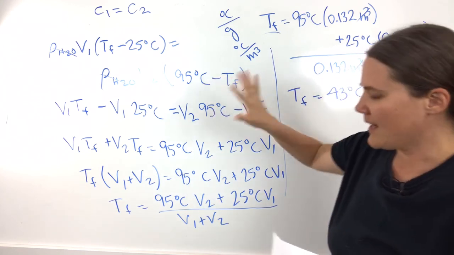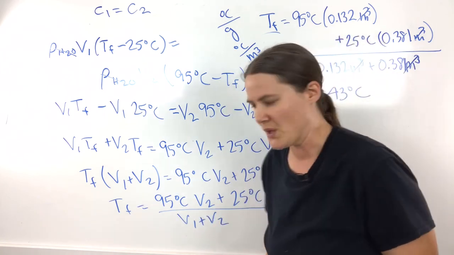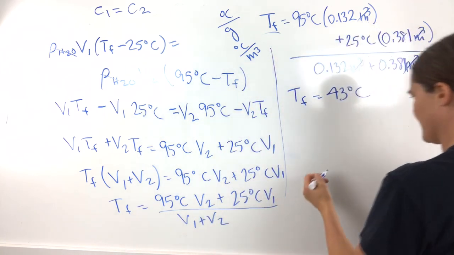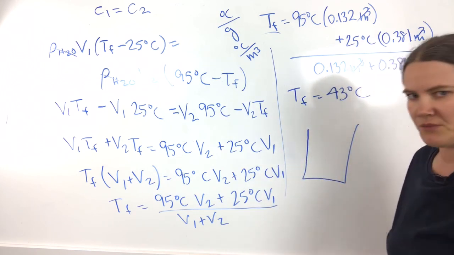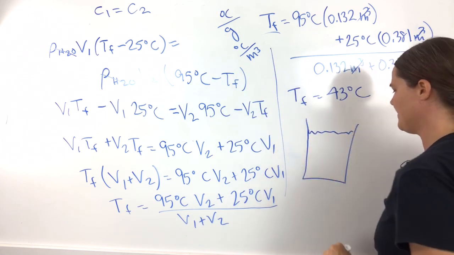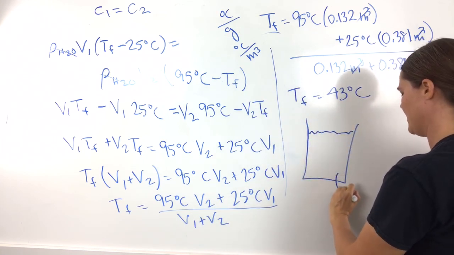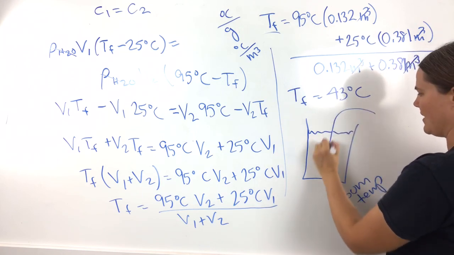So I hope that helps. These mixing problems are all pretty similar. For instance, this one was mixing 2 cups of water, but let's say you had water at room temperature and you add a hot piece of metal.